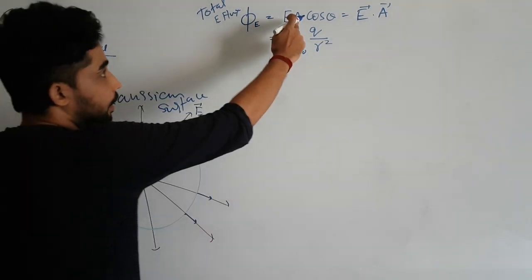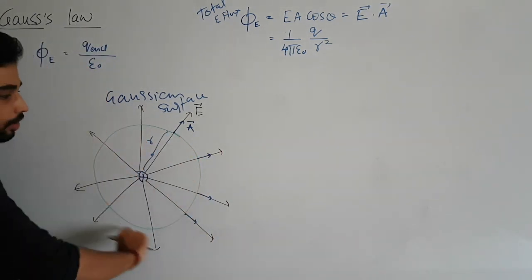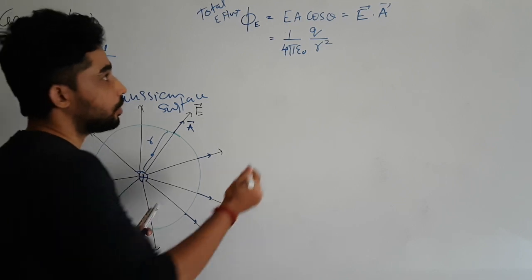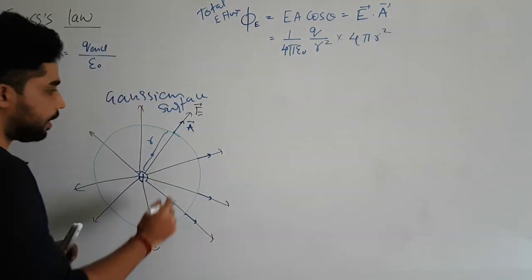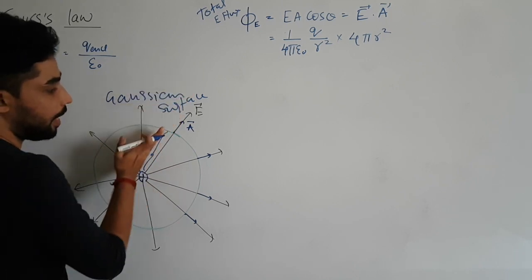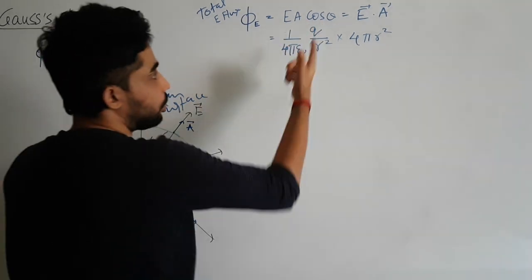And the area is the area of the entire sphere, the surface area, which is 4 pi r square. And here, as I've told, the electric field and the area vector will be making an angle of 0 degrees, so cos 0 will be 1.